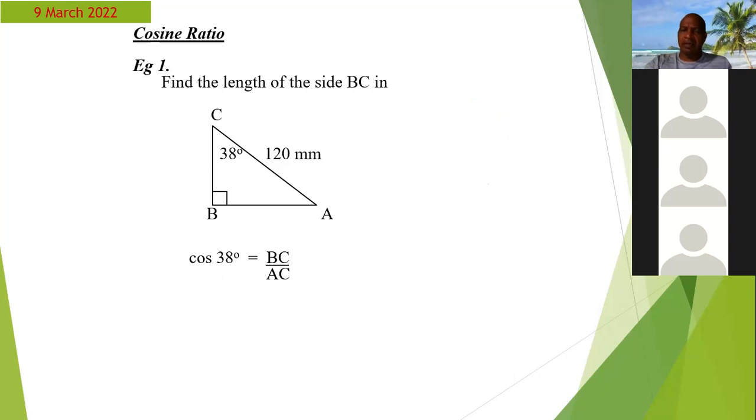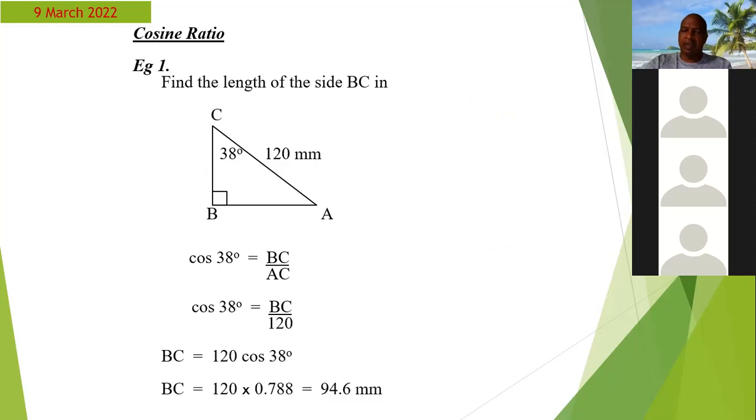All right, so from the question, we would find the cos of 38, which is BC over AC. Then cos of 38 would be BC over 120. Put in the value, BC is equal to 120 cos 38, where we're multiplying. So that would give you 94.6 if we are rounding it off to 1 decimal place.